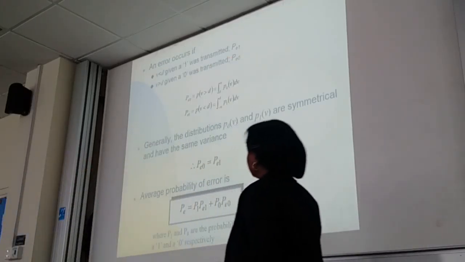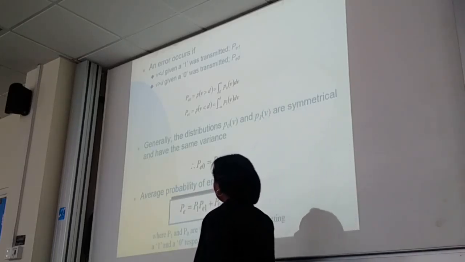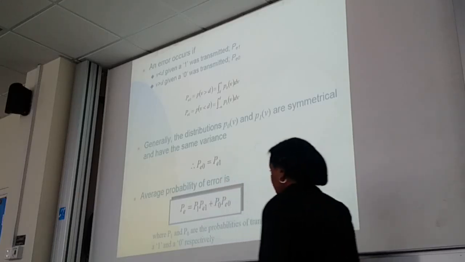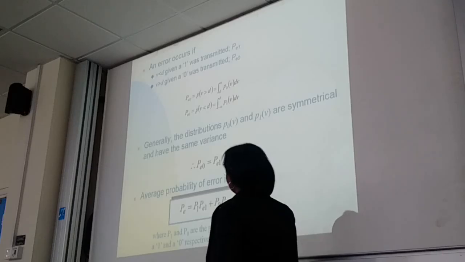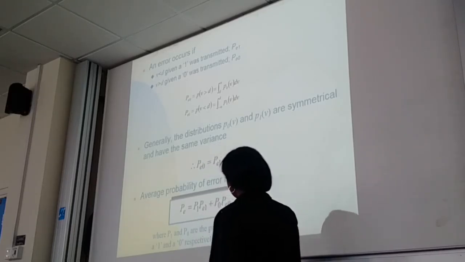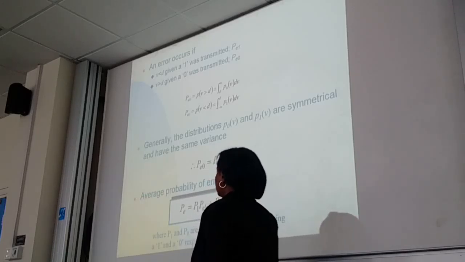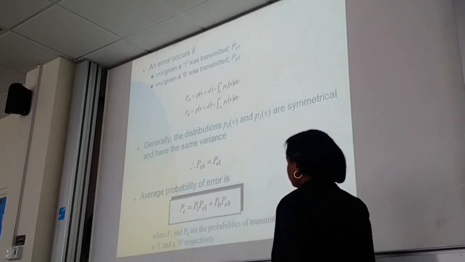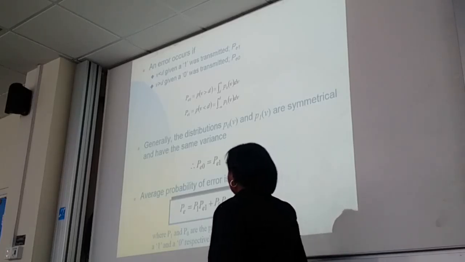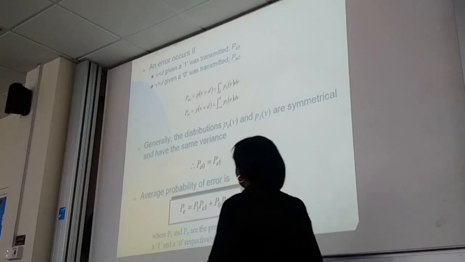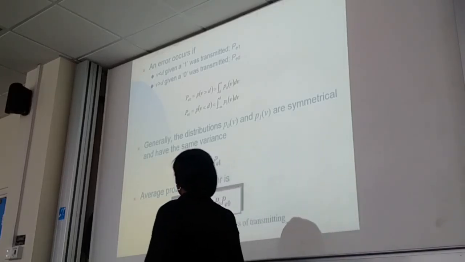So probability of error 0, which is the probability of V higher than the threshold, is given as the integration of the distribution from D to infinity, and the probability of error 1 is the integration from minus infinity to D for the distribution around A1, the one level.